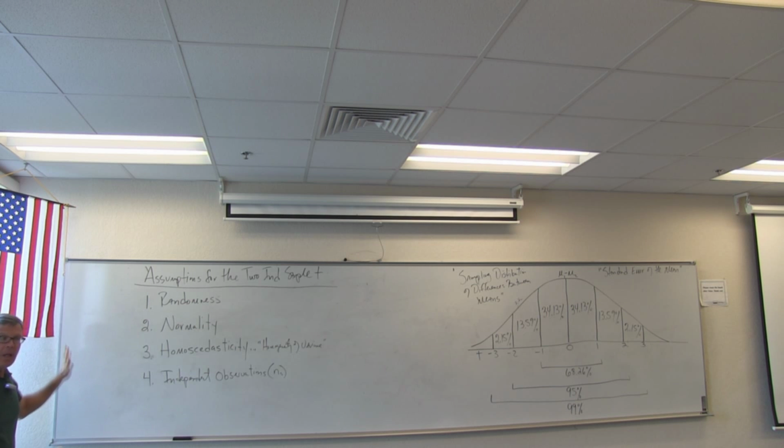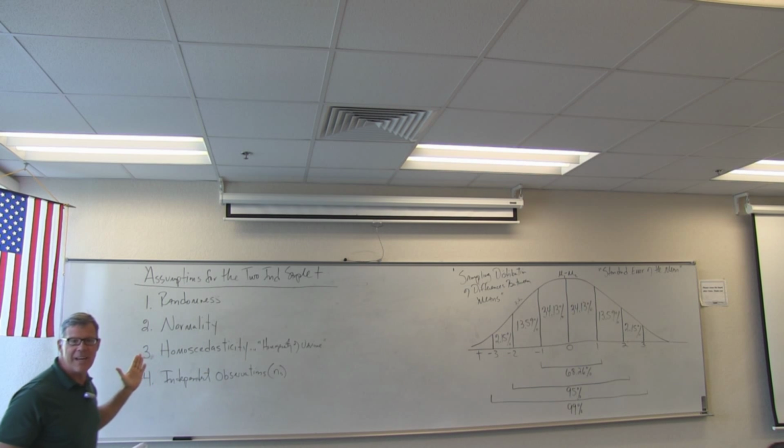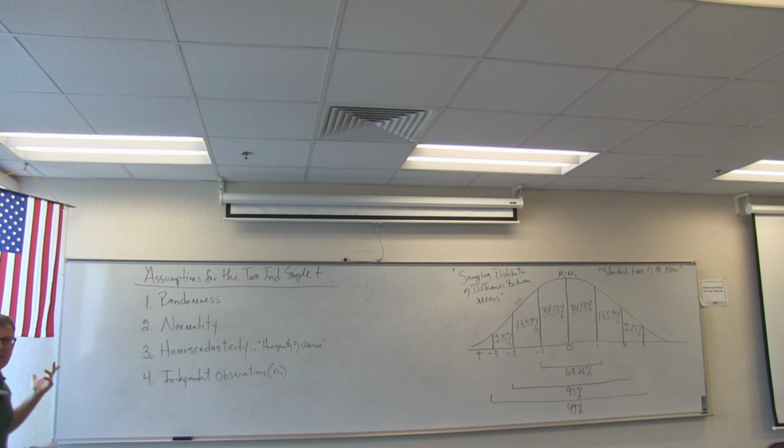We have group 1 and group 2, and there's no real relationship between the two. Now back in the correlated t-test, or that dependent sample t-test, our post-test was dependent on the pre-test. So we had a dependence relationship. In this situation, in number 4, we have an independence relationship. So we have our 4 assumptions.